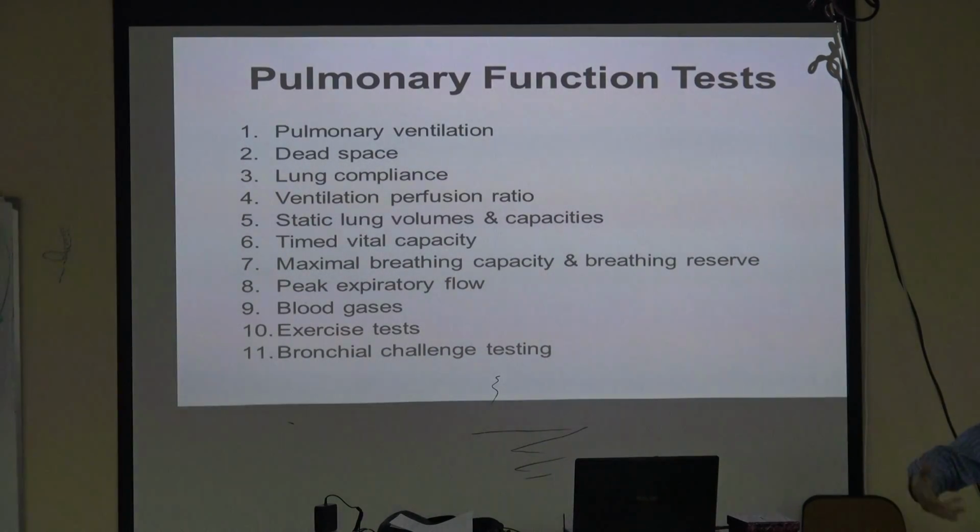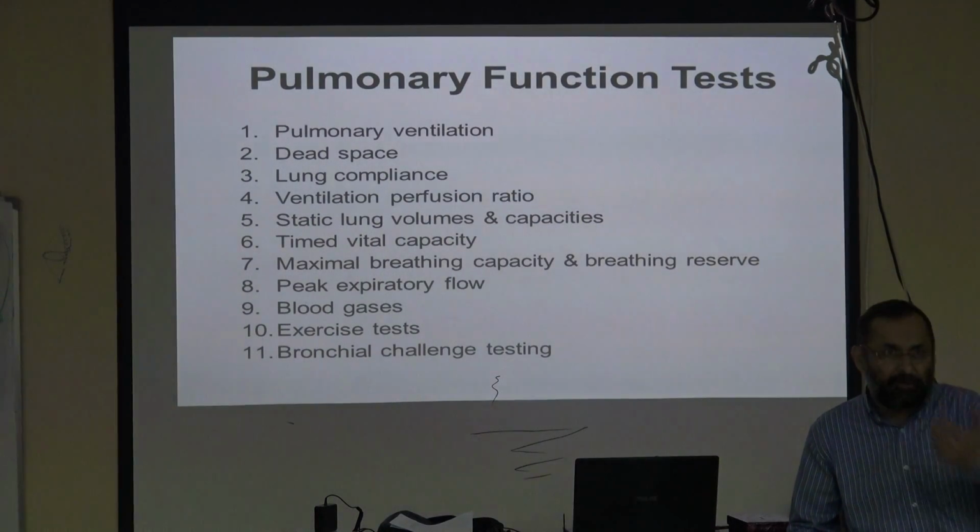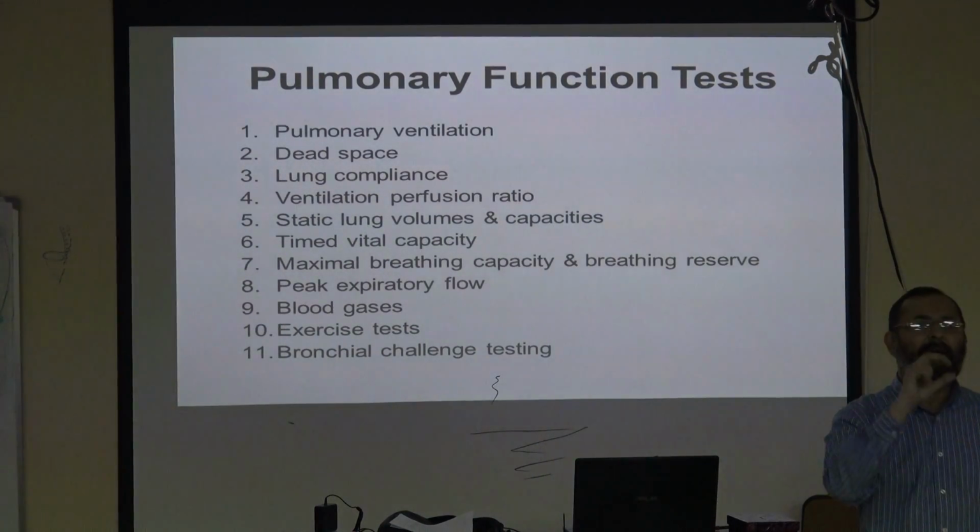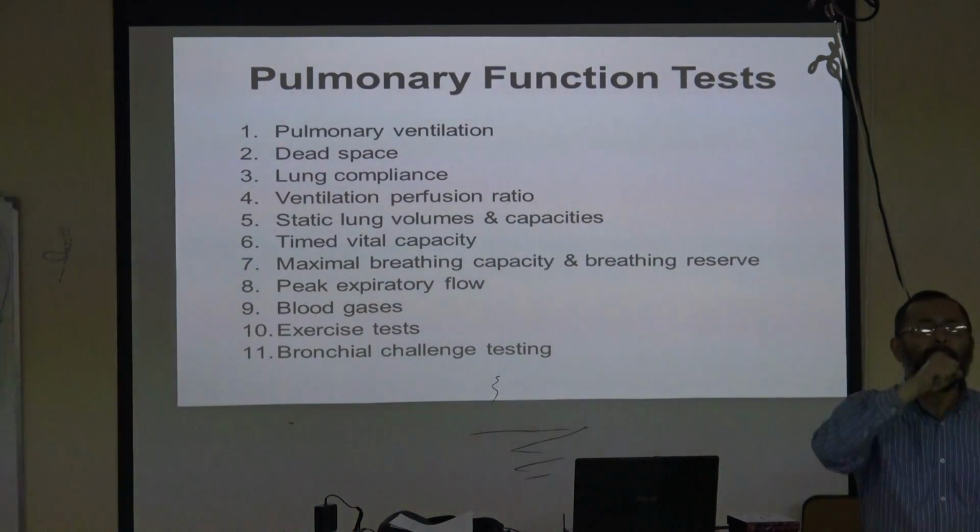Maximal breathing capacity and the breathing reserve as special tests to check functions of the lungs. Peak expiratory flow. This is also for checking the obstruction basically. It's a very small plastic device. You put it in your mouth.